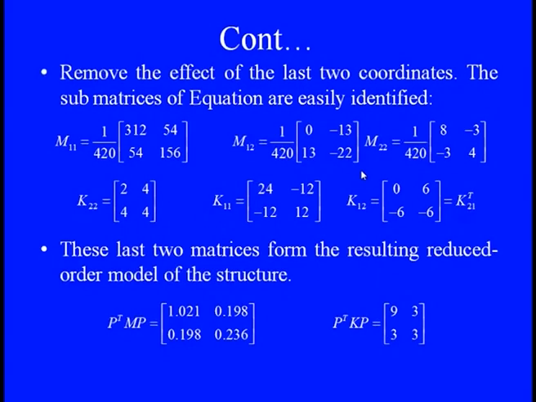The mass matrix M11 is 1 by 420 times the array 312, 54, 54, 156. Similarly M12 is 1 by 420 times 0, minus 13, 13, minus 22, and M22 is 1 by 420 times 8, minus 3, minus 3, 4.